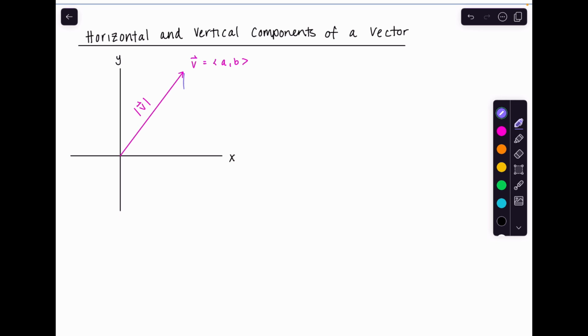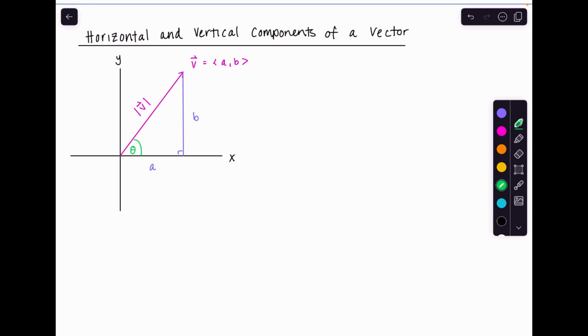And then I can go ahead and drop a perpendicular line down. This is going to be a, how much we move in the x direction. This is going to be b. So our direction is going to be this theta value. It's how far we're moving from that x-axis.